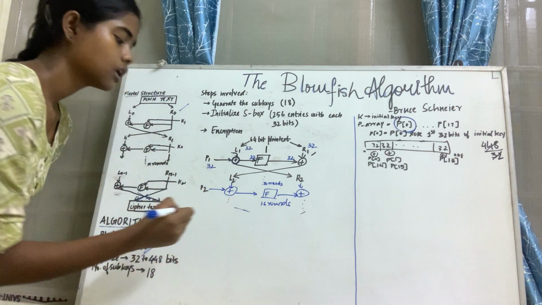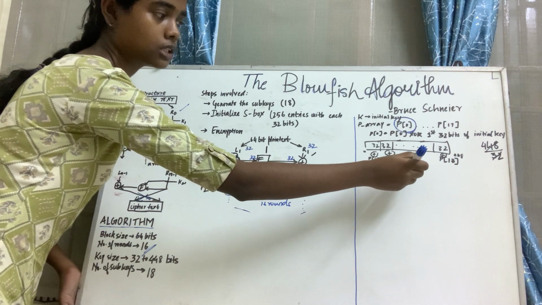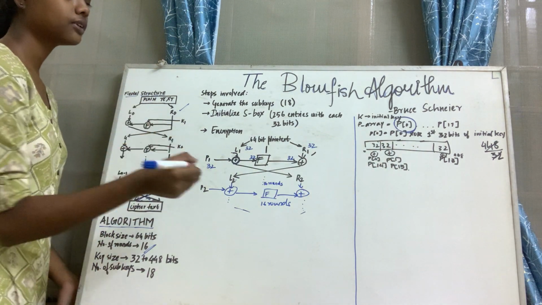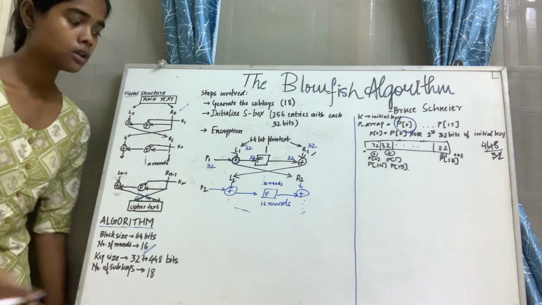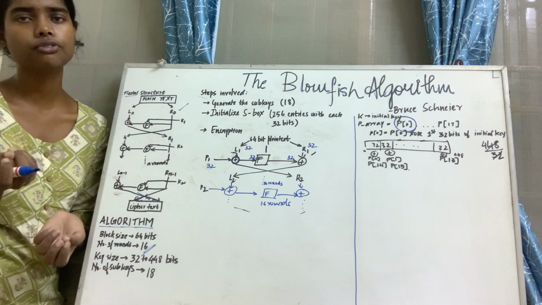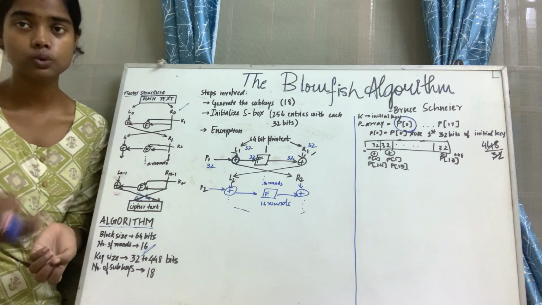And if you notice, we have 18 locations for the array, but the Feistel structure has only 16 rounds. So we will be passing one subkey per round. If we pass one subkey per round, then after 16 rounds we will still be left with 2 more subkeys.